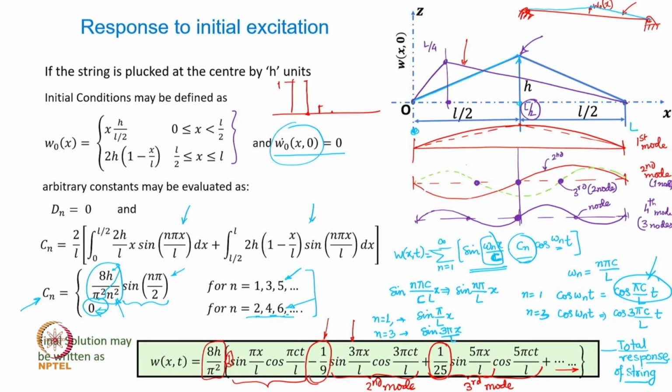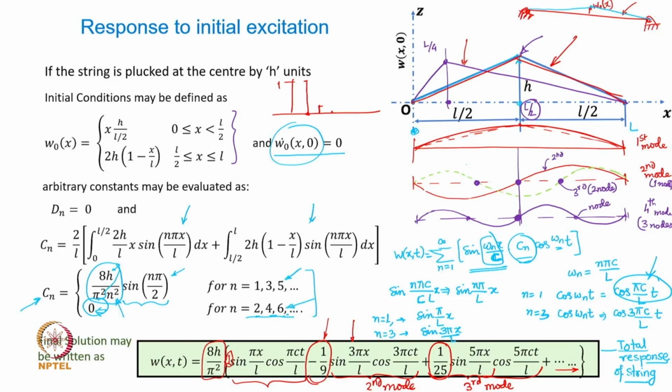So it is because your initial displacement here is actually matching reasonably close to the first mode shape. Therefore the first mode contributes significantly higher and the higher modes do not contribute as much, okay.